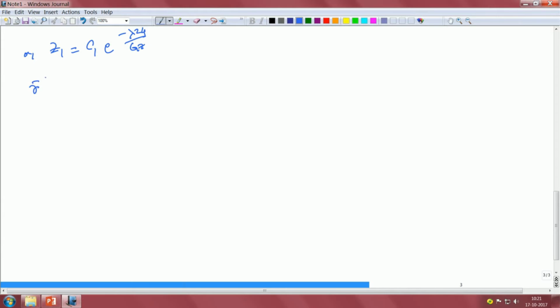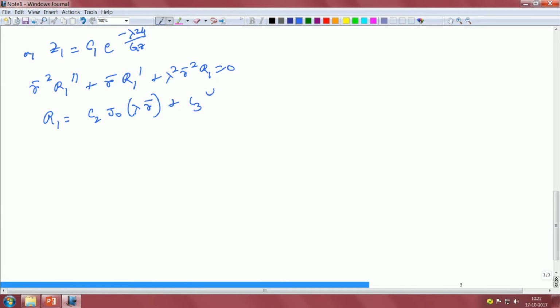On the other hand, R1 is basically C2 J naught of lambda r bar plus C3 Y naught of lambda r bar. That is the solution.